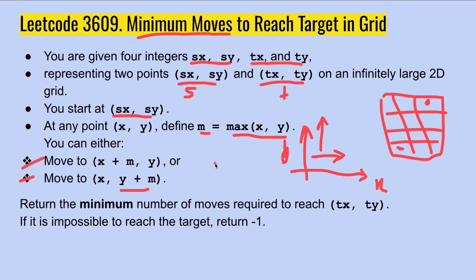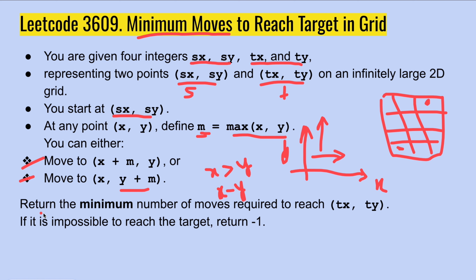Before that, check whether x is greater than y. If x is greater than y, take x minus y, and if y is greater, take y minus x. That is how you find which move to take, because you get the max here. Here m is the max between x and y. I hope you understand.